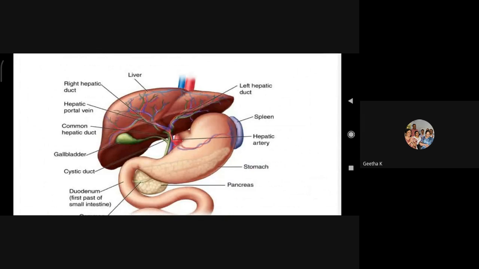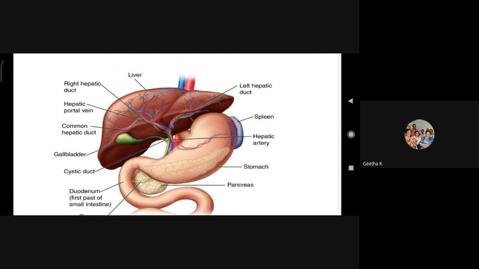It is labeled here also, and this hepatic portal vein is depicted by purple color. So these two are the sources of nutrition and oxygen. Don't get confused by these two. These two are the sources of liver.